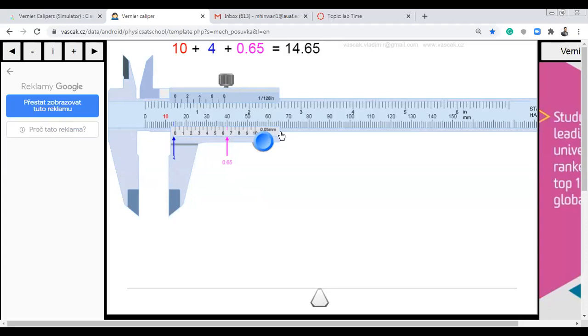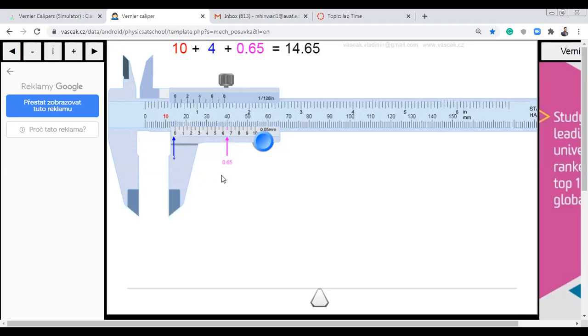When you add it to 10.4, you get 10.7 something, yeah, any value. Our first result was 10 point something.